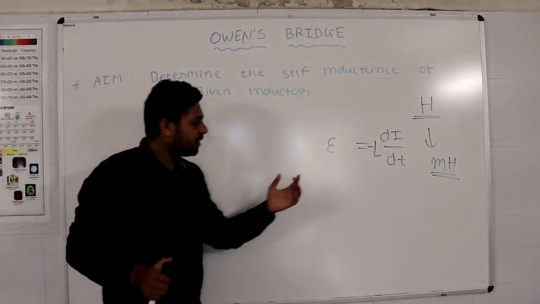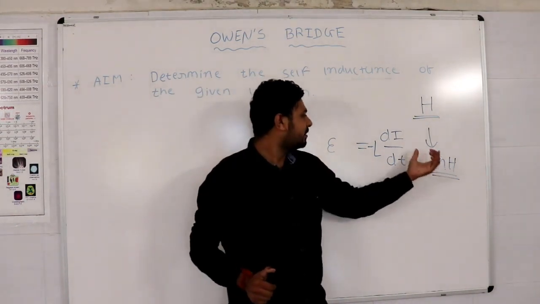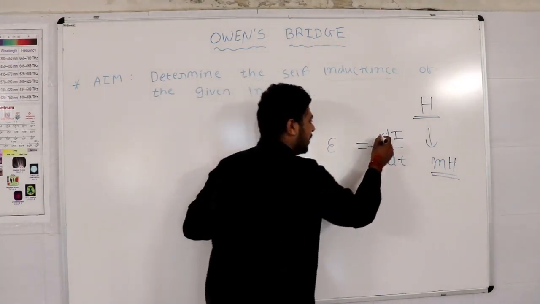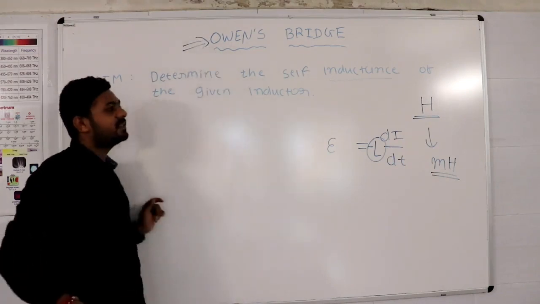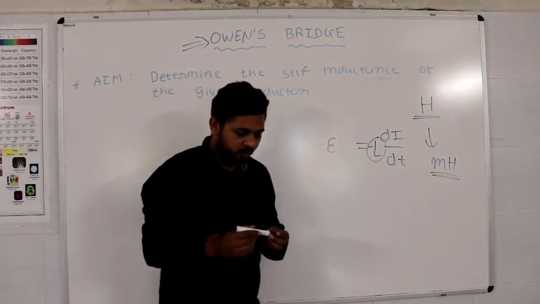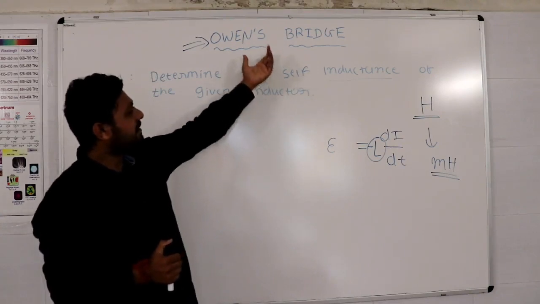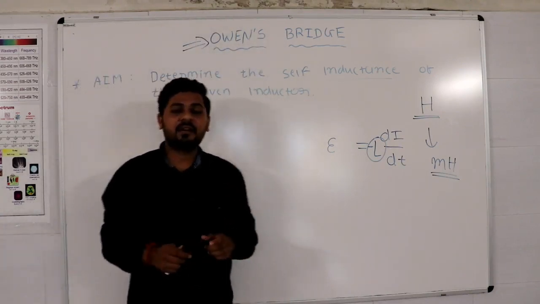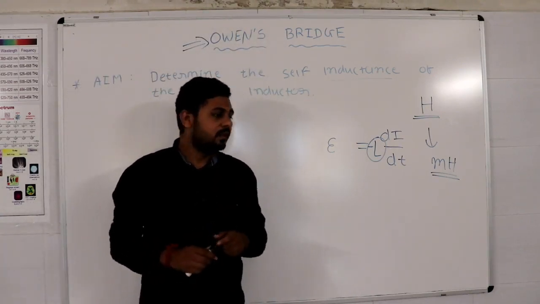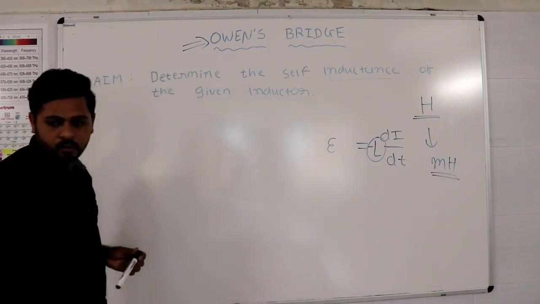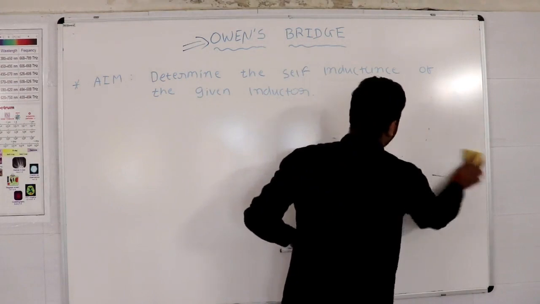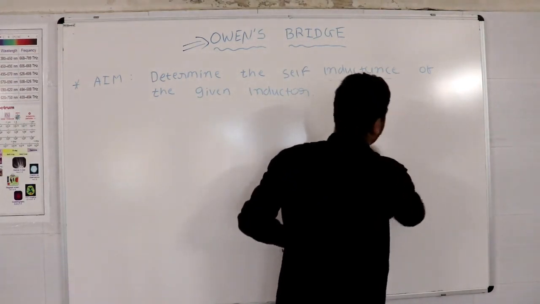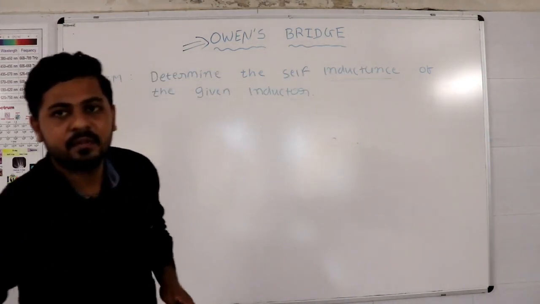But I want to calculate this inductance with the help of Owen's bridge. So for that, I have an Owen's bridge. Let us check the circuit diagram which we want to use. Owen's bridge basically has 4 arms.